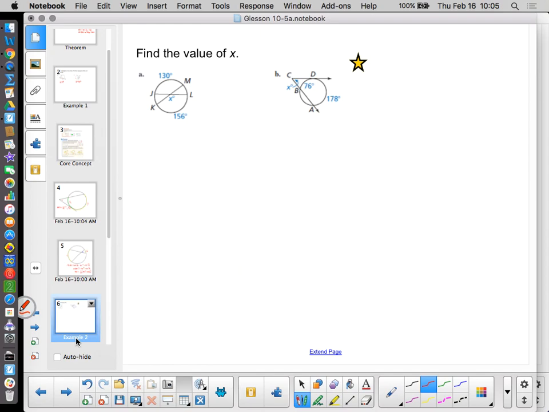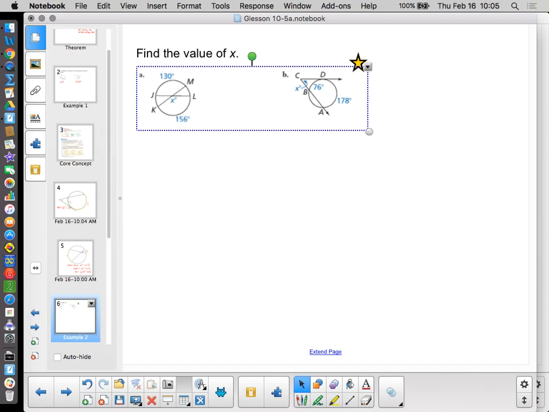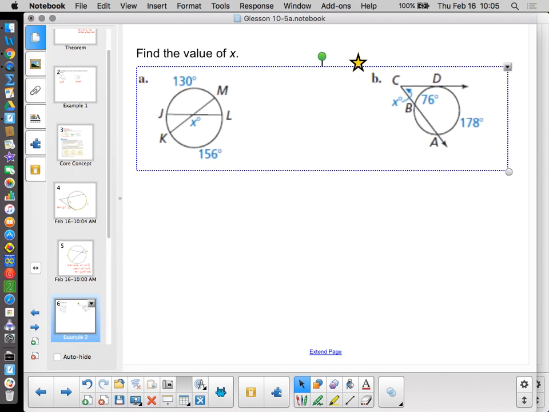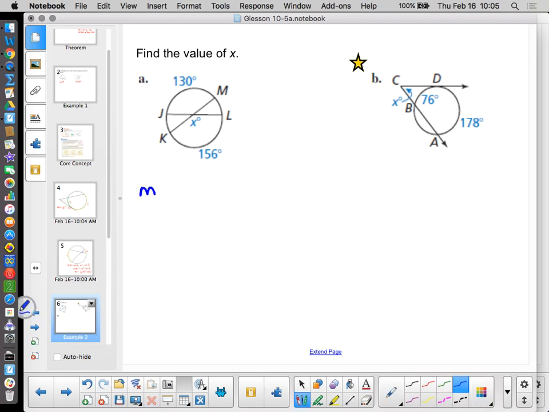Let's apply it. Here I have an angle I'm looking for, and I have the two arcs. So let's see if I can expand this picture a little bit. All right. So this one, I have my formula, the measure of the angle equals 1/2 the sum of the arcs intercepted.